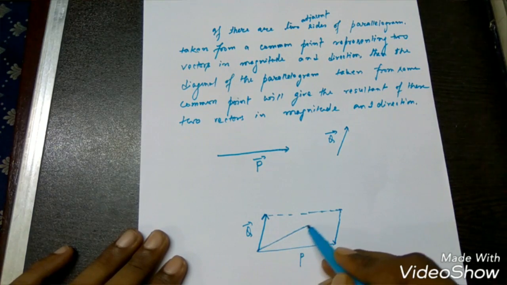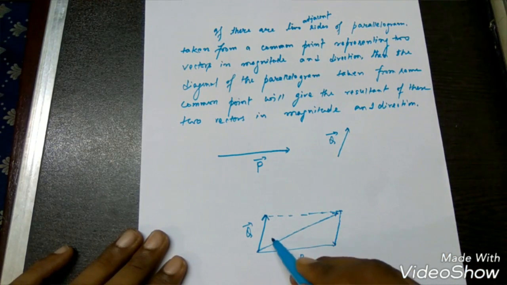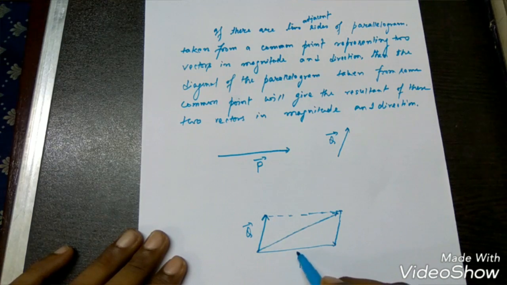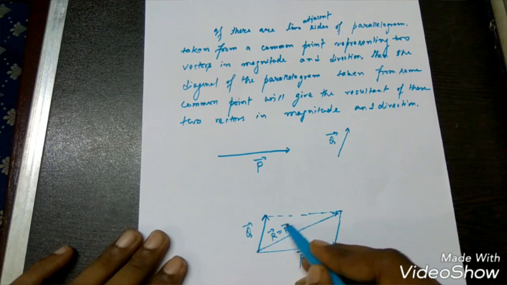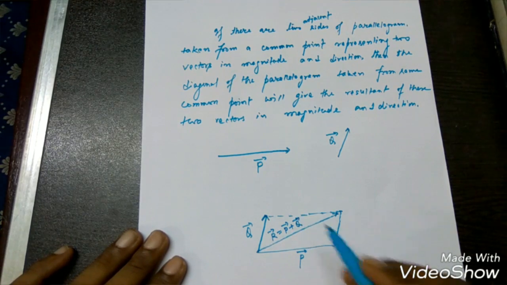So definitely this is the diagonal. If this is the P vector and this is the Q vector, this side of the parallelogram represents the P vector, this side of the parallelogram represents the Q vector, and the diagonal represents the resultant, then the resultant must be equal to P plus Q as per the law.